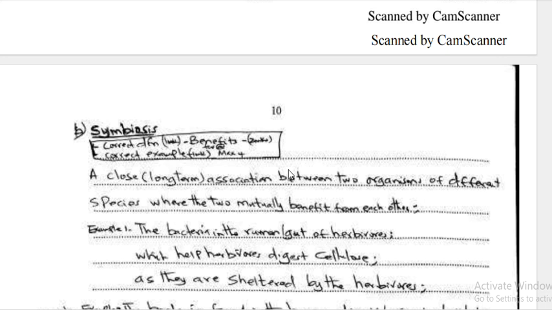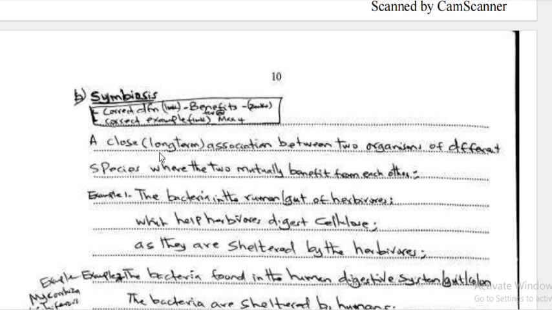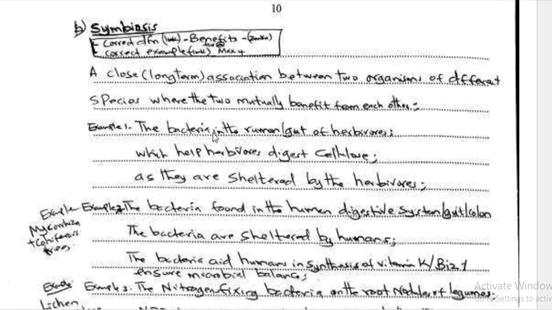Let's look at symbiosis. And symbiosis is a close association between two organisms of different species where the two mutually benefit from each other. An example, we have bacteria in the rumen or gut of herbivores which help herbivores digest cellulose as they are sheltered by the herbivores.